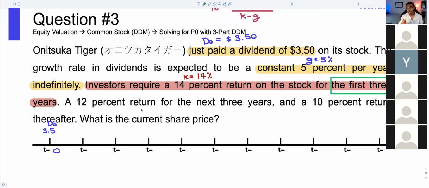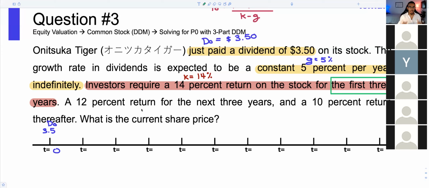If they give you something as blatant as saying for this amount of years, okay? So questions will always break themselves out or divide themselves into categories by the number of years that they're associating themselves to.